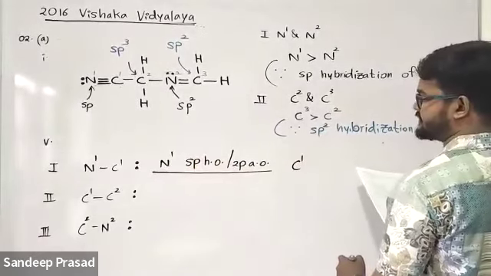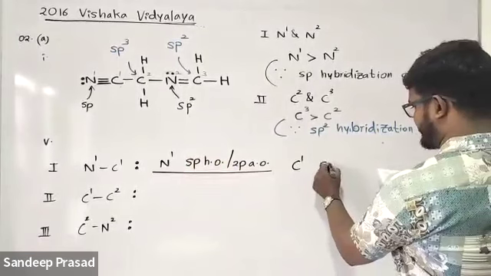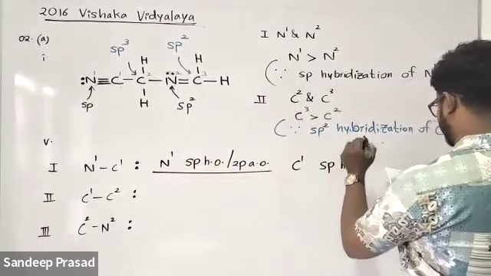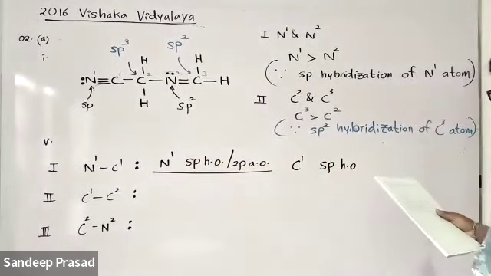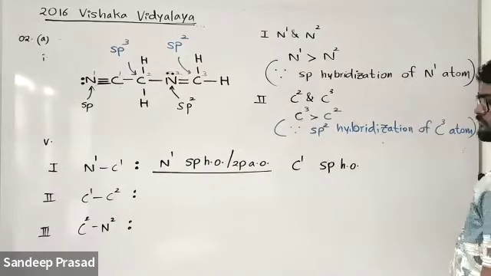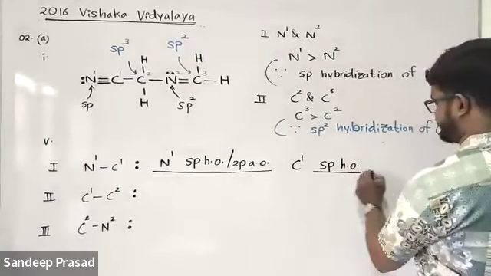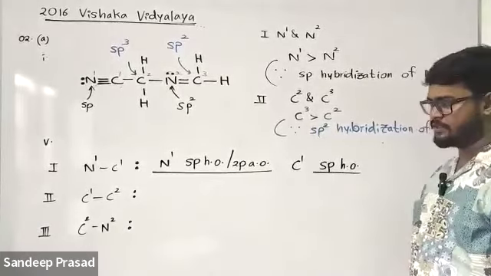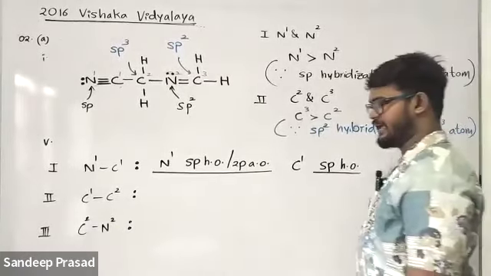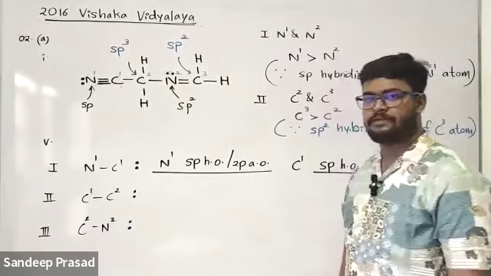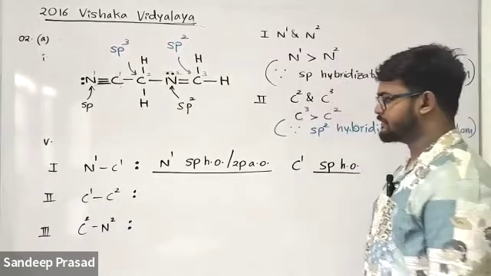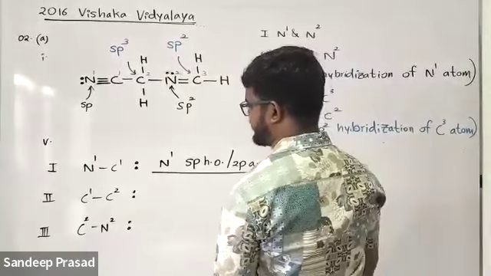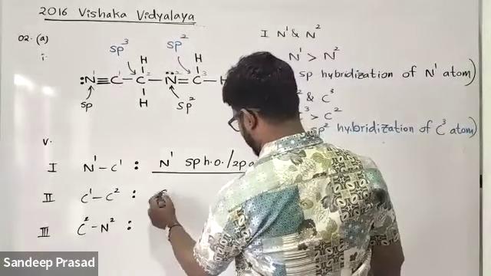The first carbon atom is definitely an sp hybrid orbital. Let's consider they have asked about the sigma bonds. If they haven't specified the bond type, just consider it a sigma bond. And for the first carbon atom and the second carbon atom, sp hybrid orbital.